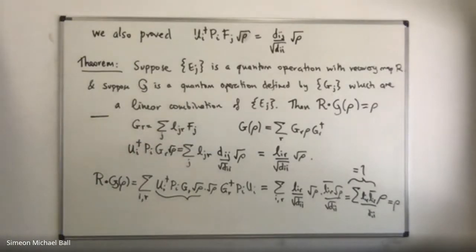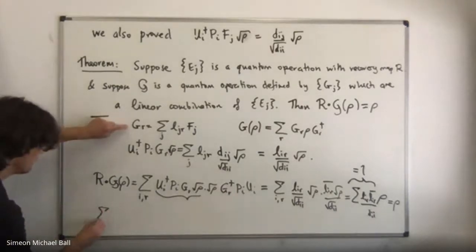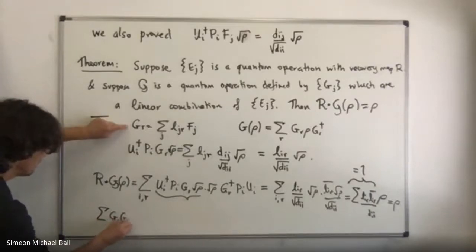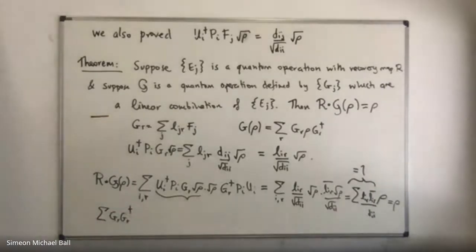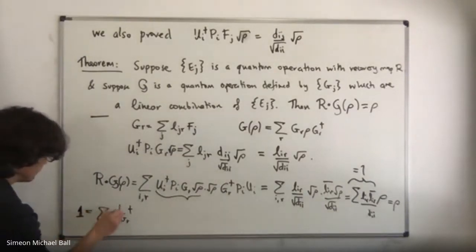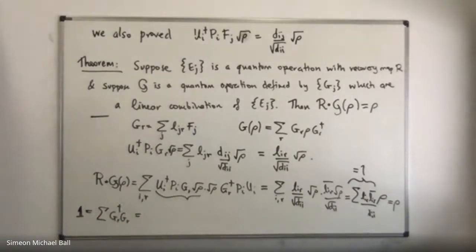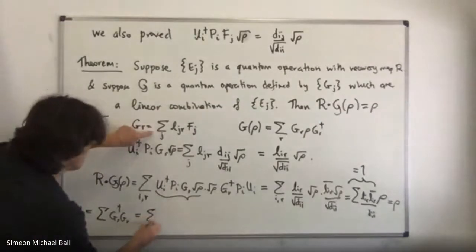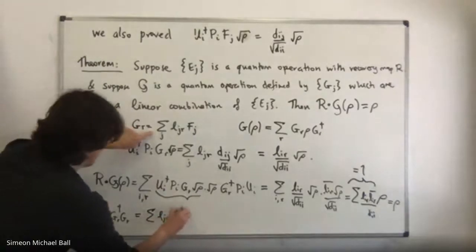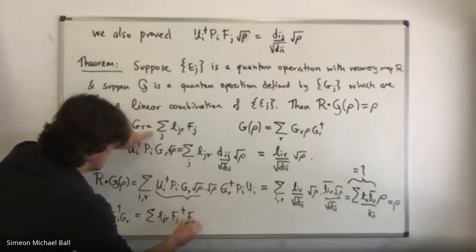Oh, you also have to use the facts. Yes, so the F's are a quantum operation, now you just have to sum L_JR F_J F_I.